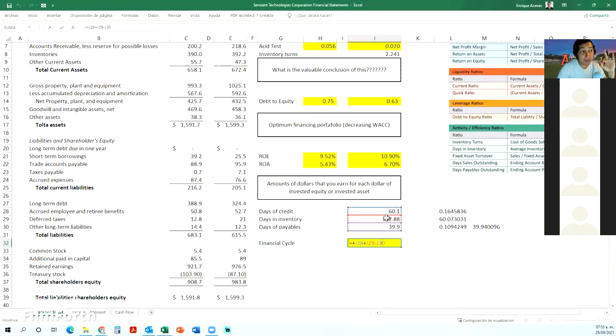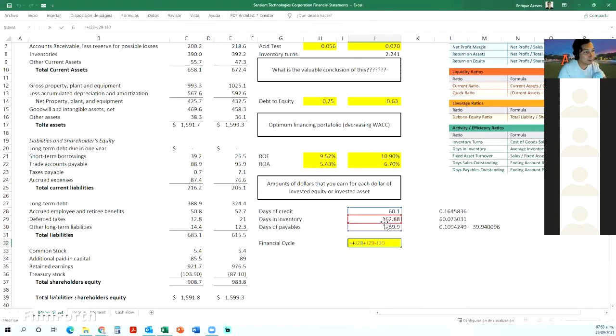So if you wait 162 days, yes, I sold in 162 days, but I give credit to my customers for 60 days. So you have to wait 220 days, sorry, to convert everything into cash.